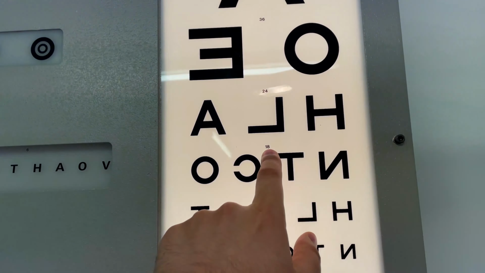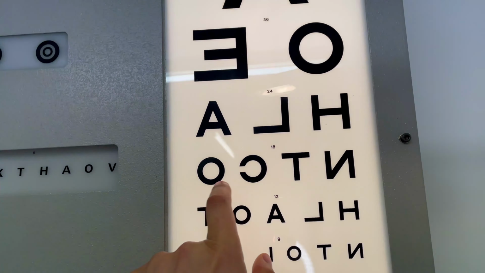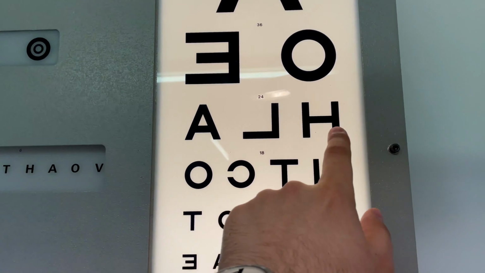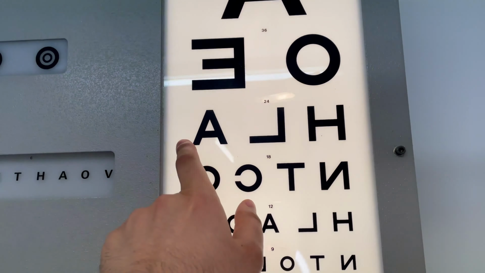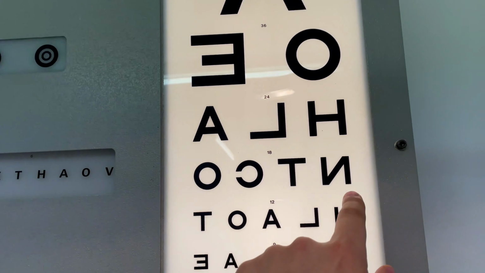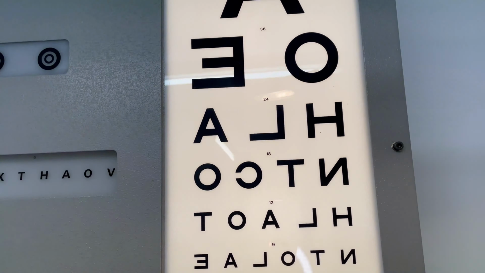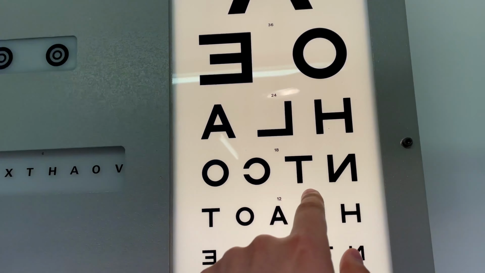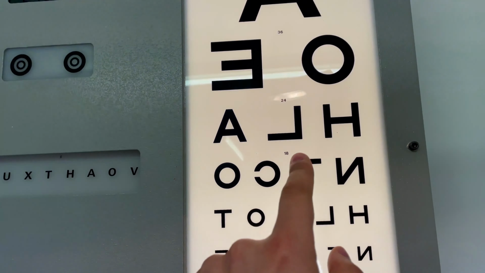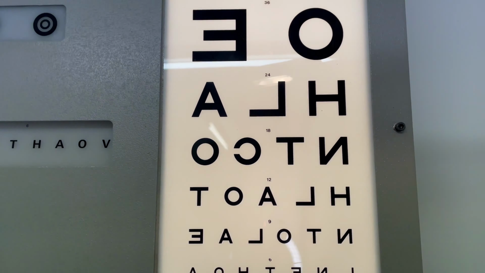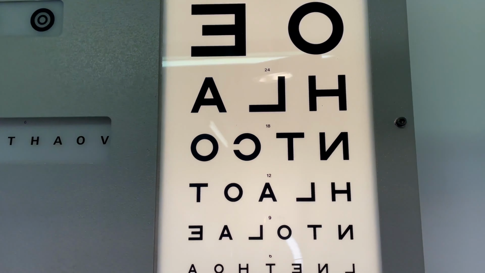So you could record it as 6/18 minus 2, or you could record this as 6/24, which was the last full complete line that they read, and in addition to that they read 2 extra letters, so you could record this as either 6/24 plus 2 or 6/18 minus 2. So it means the same thing, so ensure that you understand this concept.